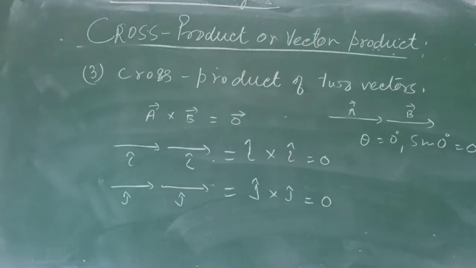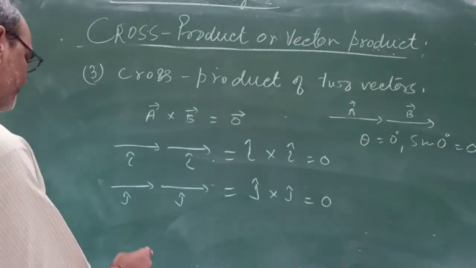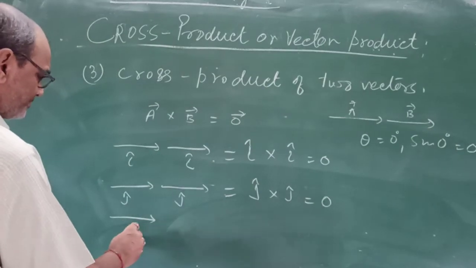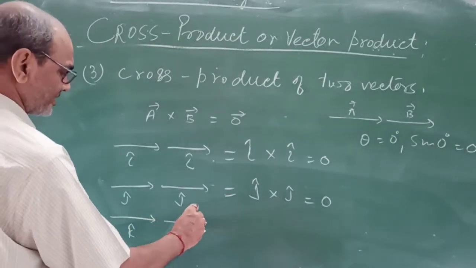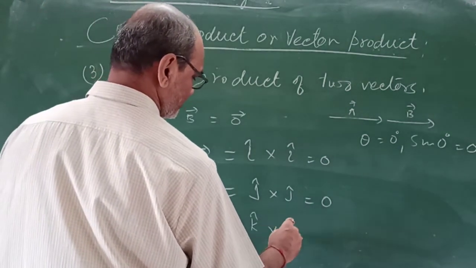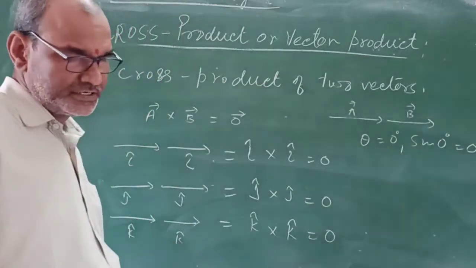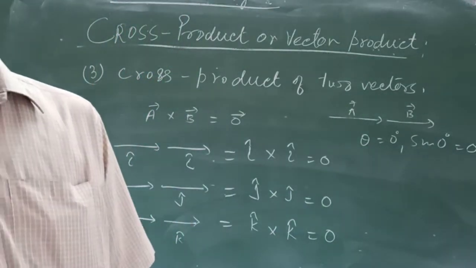The magnitude of the 0 vector is also 0. k cap cross k cap is equal to 0 vector or 0.